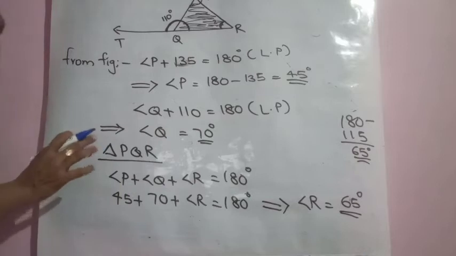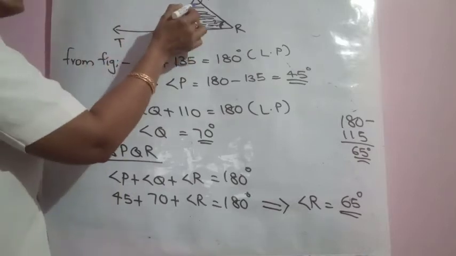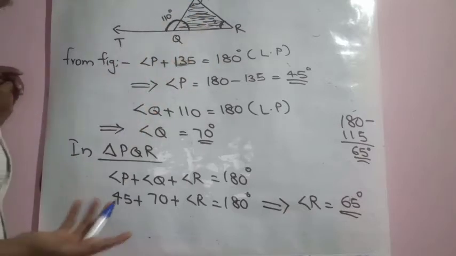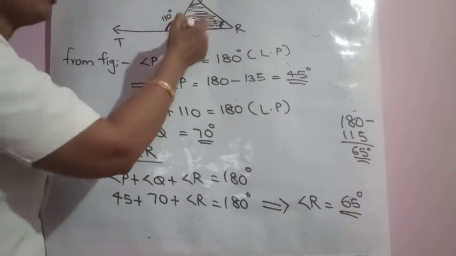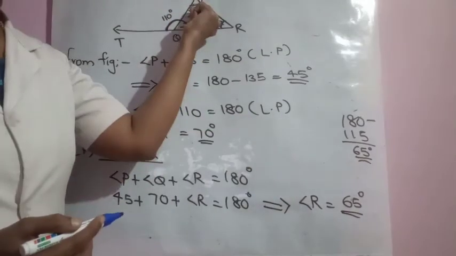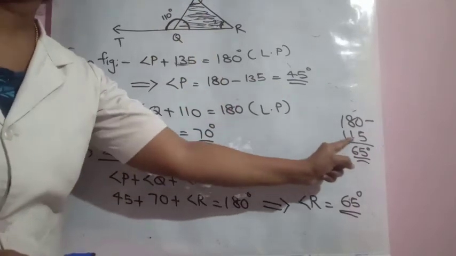Now consider triangle PQR only. Inside PQR, we got angle P now, angle Q now. Then how to find angle R? 180 minus sum of these two. The teacher has done it on your right side. Sum of P and Q together is 70 plus 45, which is 115.